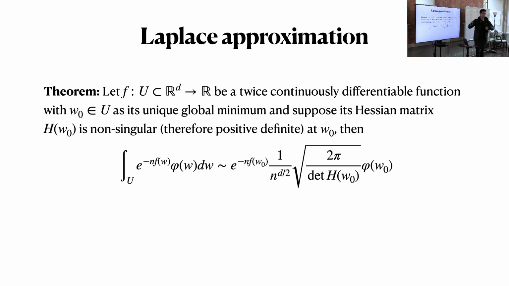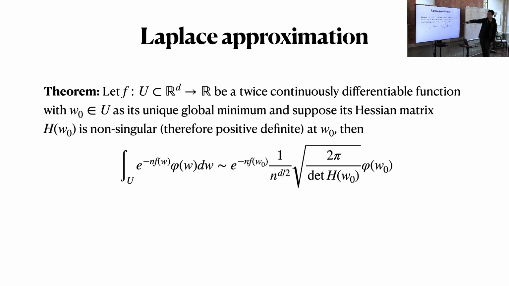Therefore, it's positive definite; all its eigenvalues are positive. So imagine a ball in 2D, an ellipsoid in higher dimensions, and the eigenvalues of the Hessian are the curvature, the major and minor axes.